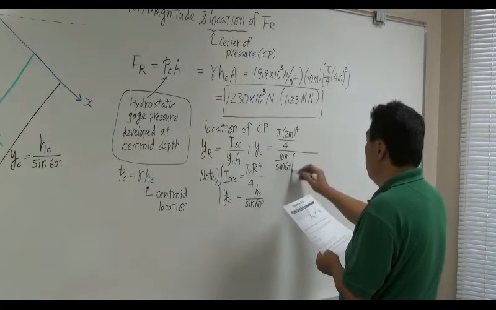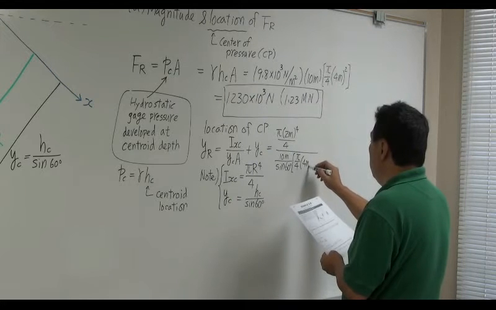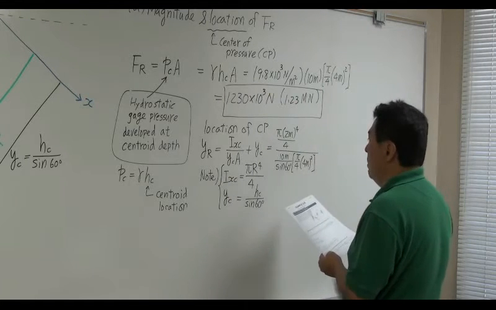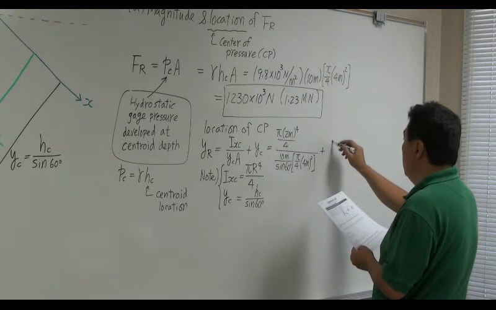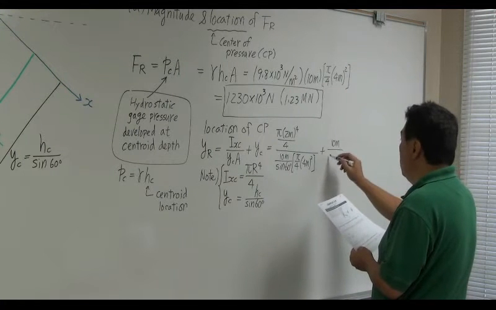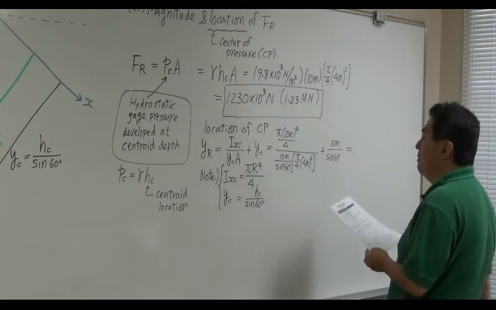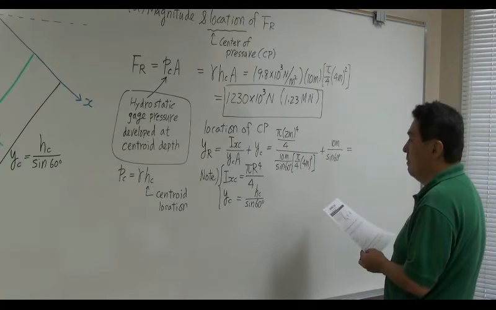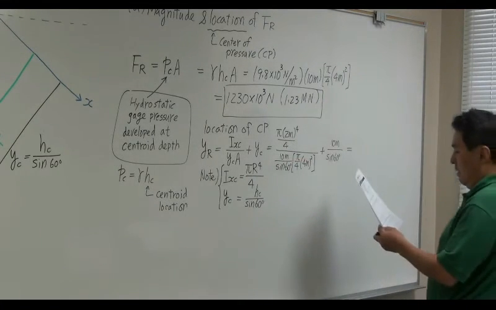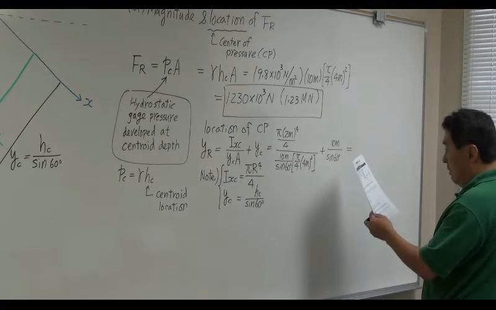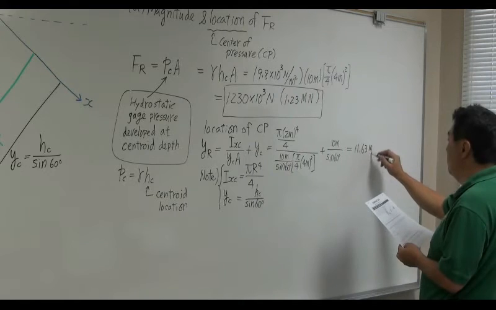Cross-section area is pi over 4 times diameter, 4 meters, squared, plus YC again, 10 meters divided by sine 60. Okay? So if you compute this, you are going to get 11.63 meters.